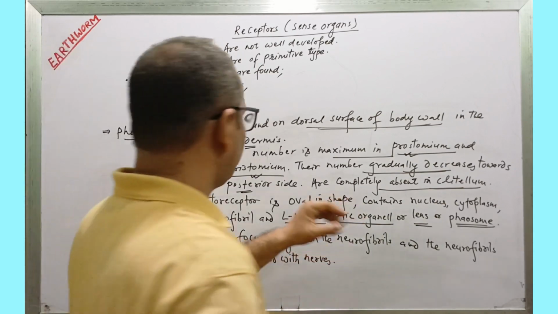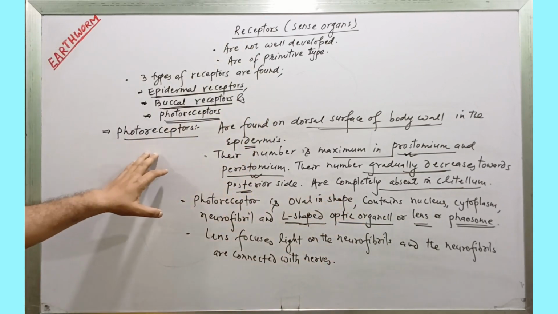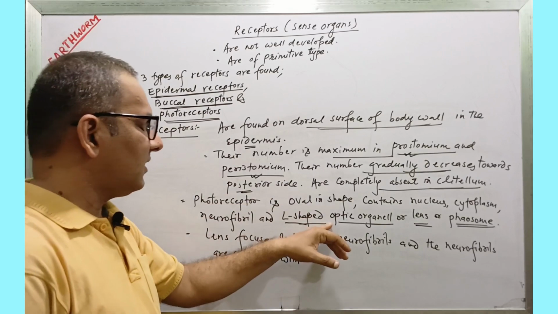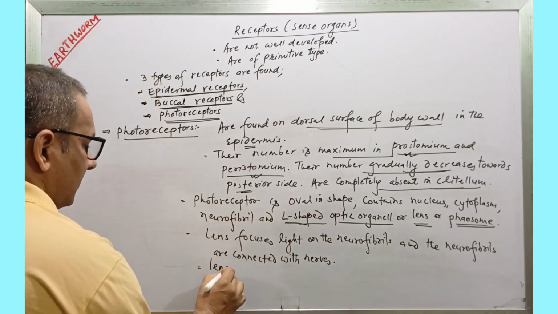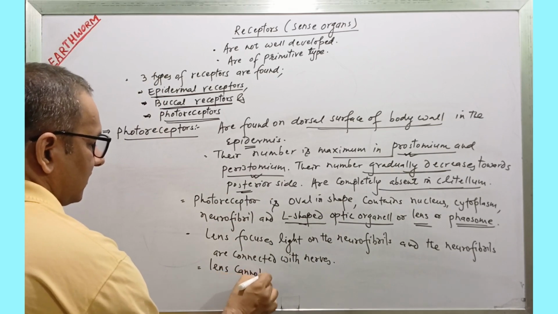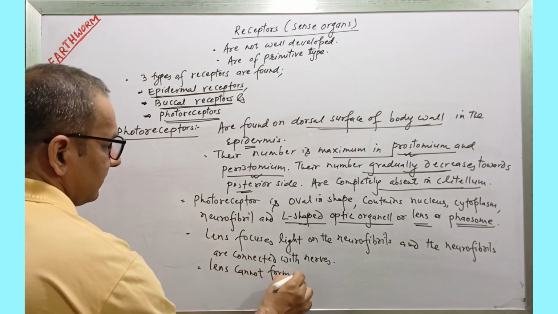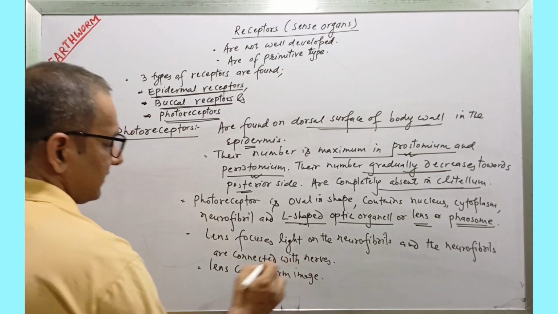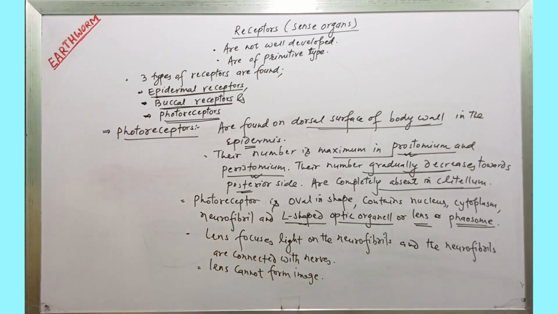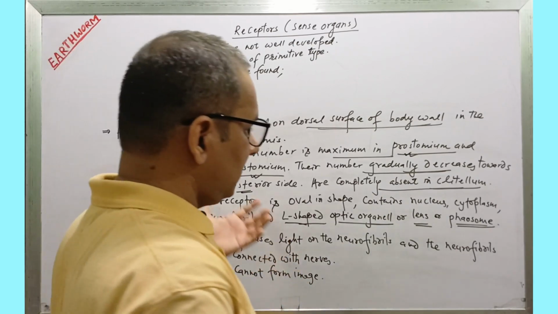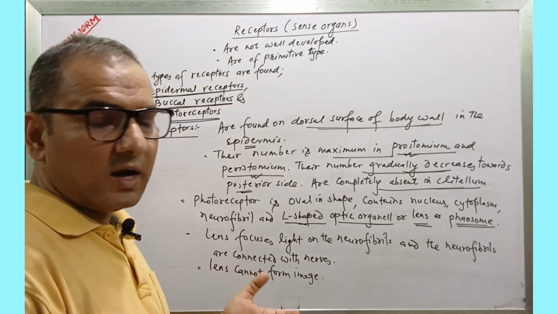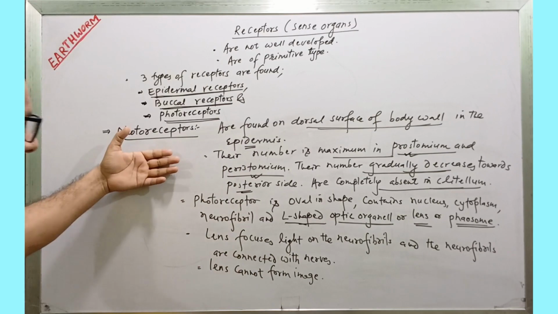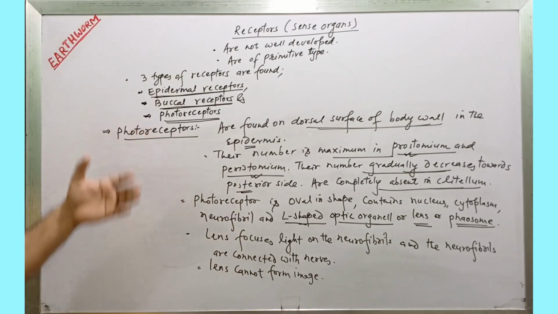And what is the function of photoreceptors? This photoreceptor, or simply this lens, cannot form an image. So, in earthworm there is absence of eye, because no image is formed by the photoreceptors. Then what is the function of photoreceptors?